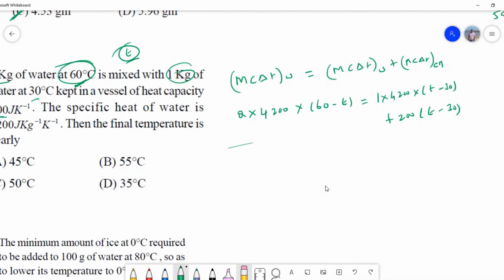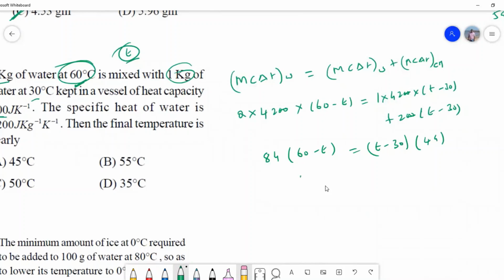So here we need to simplify that. Can I cancel anything here? All zeros will be cancelled. So this is 84 into 60 minus T is equal to, I can take T minus 30 common, so nothing but 44. 42 plus 2 is 44.